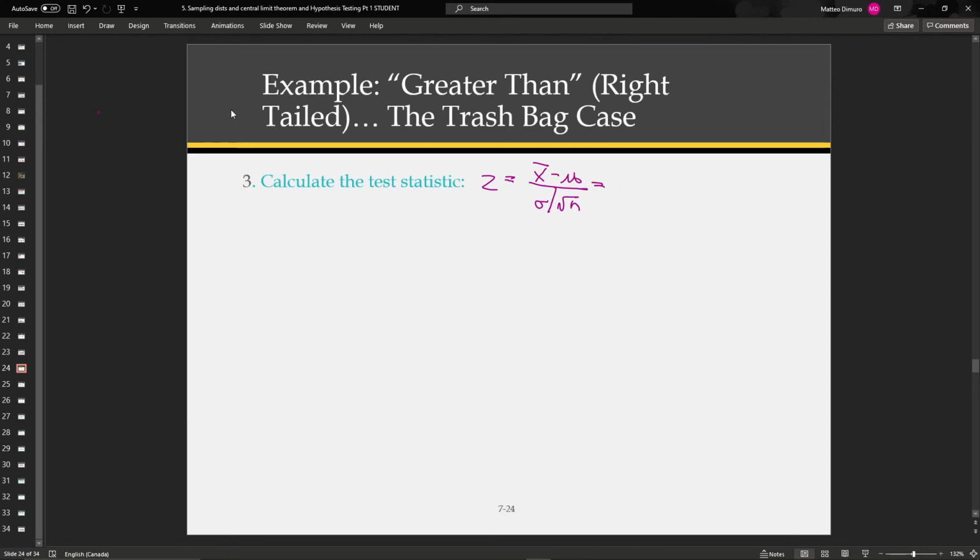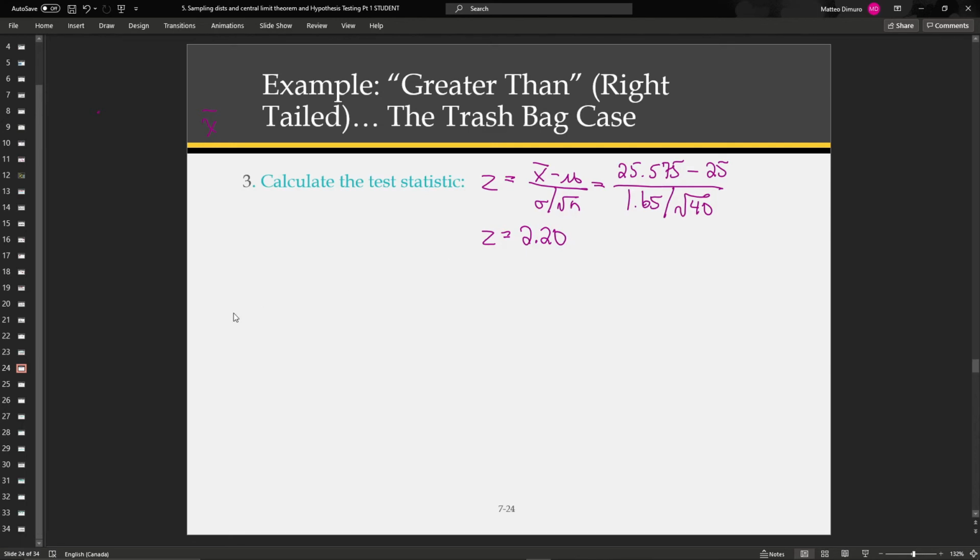From the question, the x bar value is 25.575. That's the value we are testing. And the accepted mean for the old bag is 25, divided by the standard deviation of 1.65 divided by the square root of n. Now, there were 40 trash bags that were tested. So when you go and calculate that, you get 2.20.